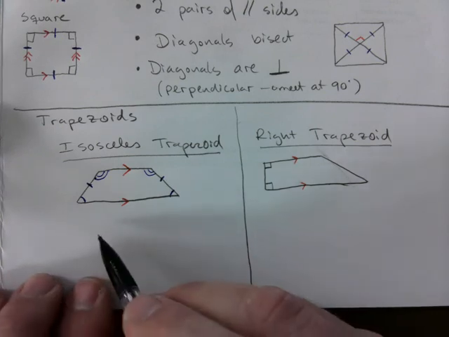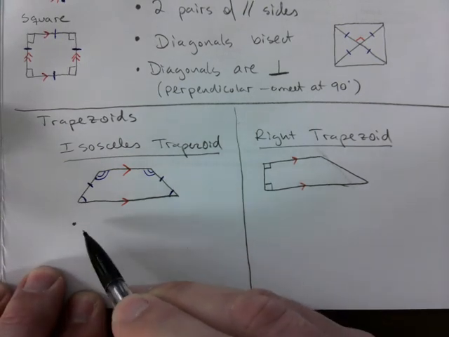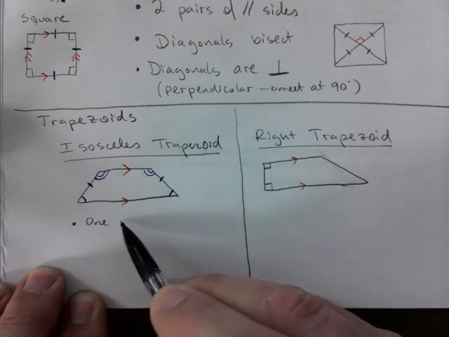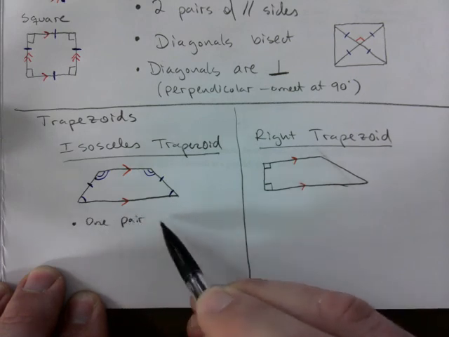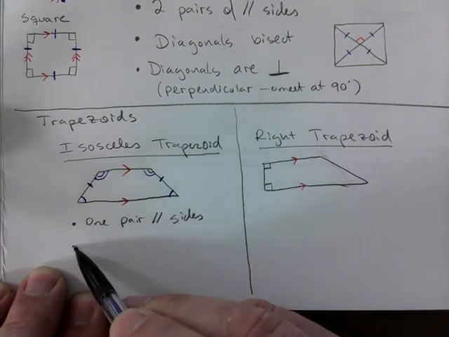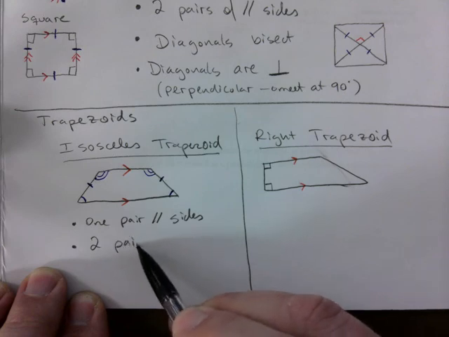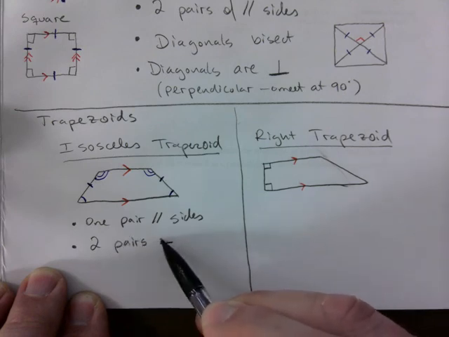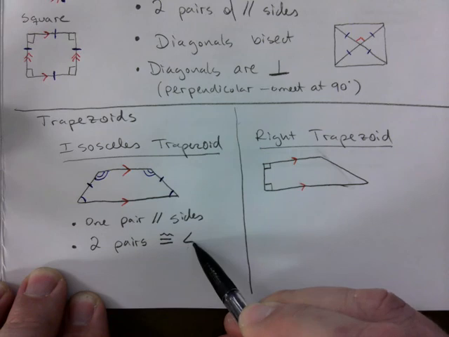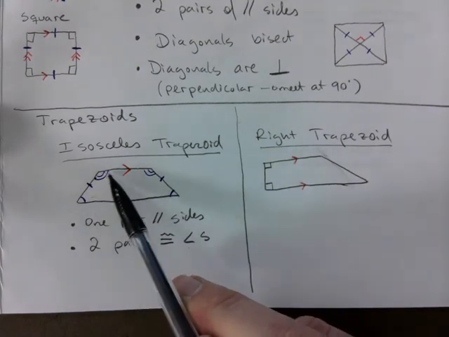Okay. So under the isosceles, you'll say this. One pair of parallel sides, two pairs of congruent angles, right? The bottom two are congruent and the top two are congruent.